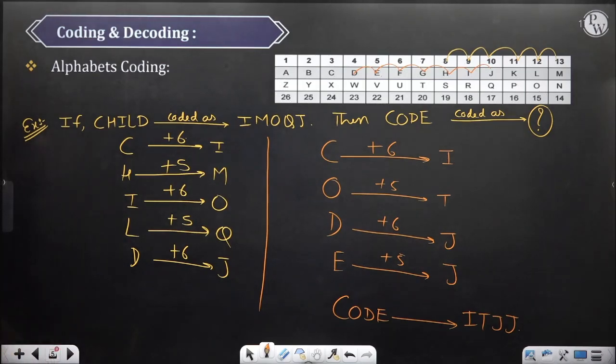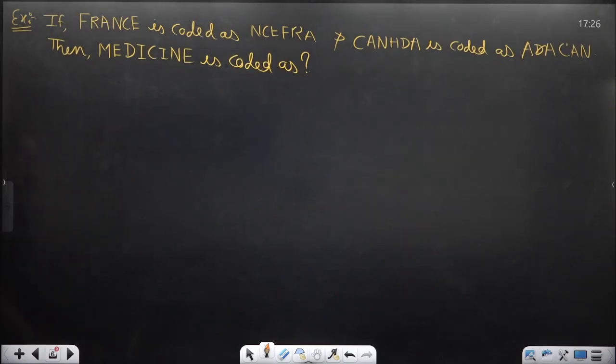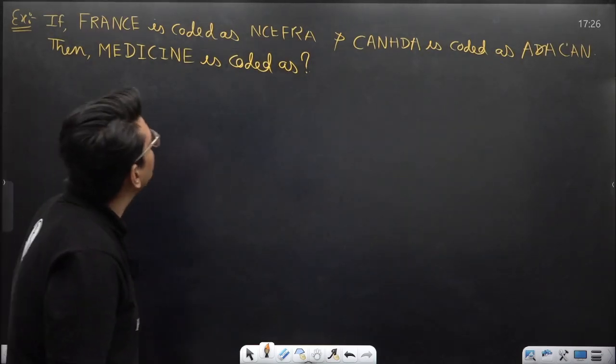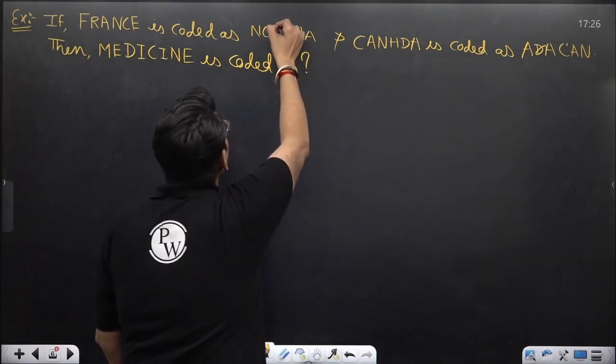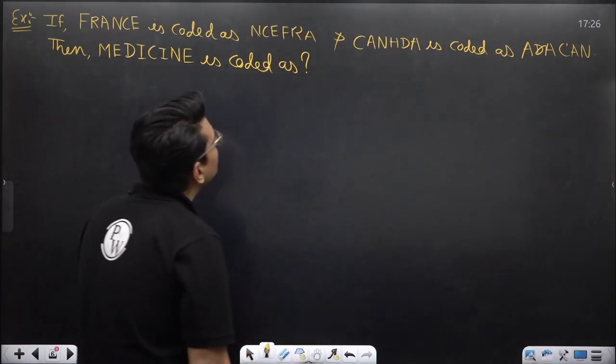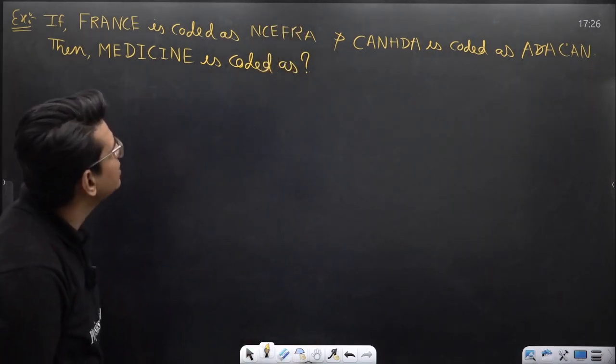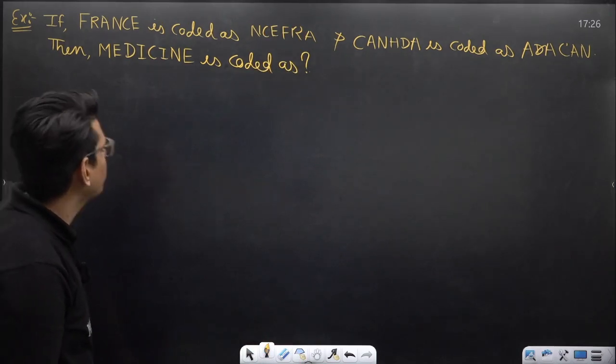Now there can be another type of question from alphabet coding. Let's look at another example. If France is coded as NCEFRA, and Canada is coded as ADACAN, then medicine is coded as what? Okay.